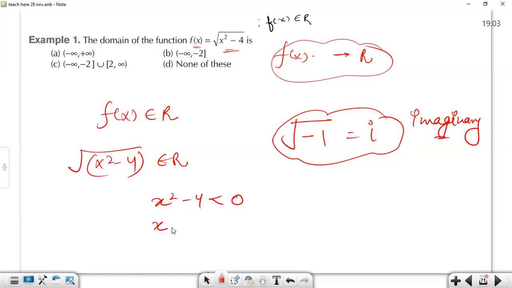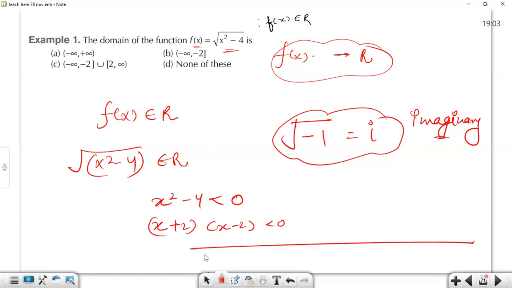Okay. So this is what? x plus 2 times x minus 2 less than 0. Marking minus 2 and plus 2 on the number line, minus 2 from here, plus 2 from here, and from plus infinity to minus infinity, where we use the method that the coefficient of all variables is positive. So the whole function is going to be positive here, negative in between, and positive again.